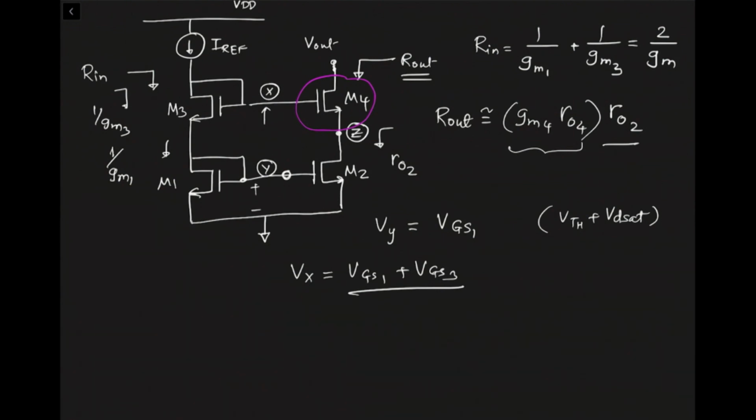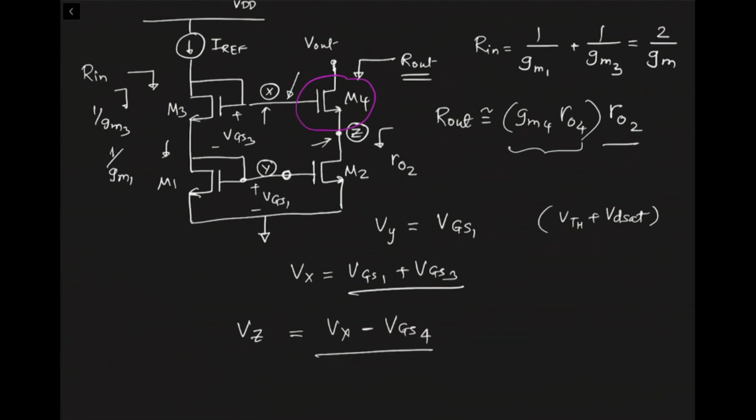So that's what Vx is, and let's figure out what node Vz is. Vz is going to look like Vx, and then we are going down by VGS4. So Vx minus VGS4.